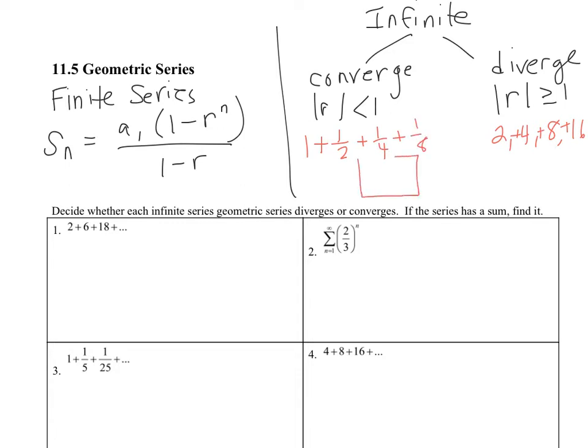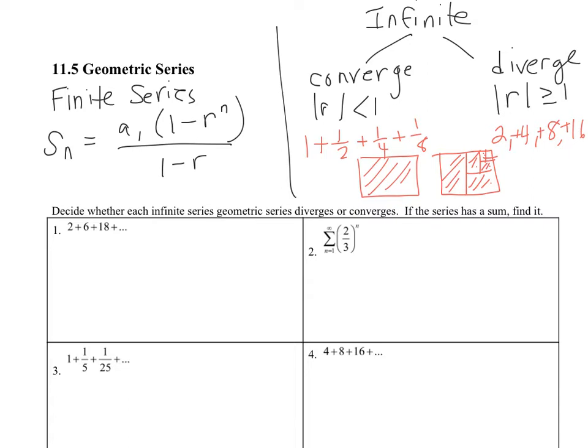So this is 1, and then you add a half, then a fourth, then an eighth, then a 16th. See how it keeps going infinitely? It's actually going to converge to 2. It's kind of weird thinking that an infinite series could converge to a number, but it can, and there's a geometric example of it.